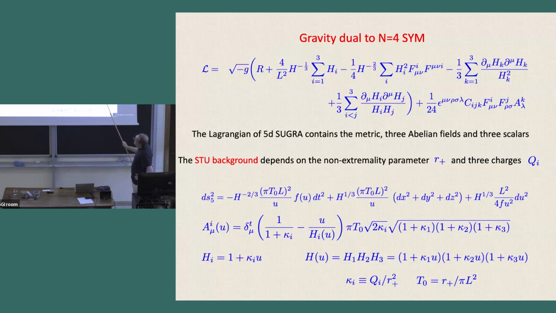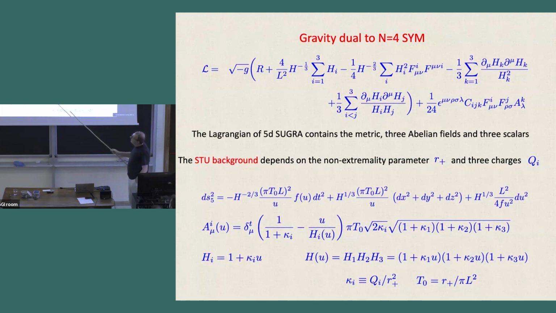Then there are 3 abelian fields, right? So we have 3 chemical potentials. So each chemical potential is encoded on the gravity side by the abelian U(1) field. And then there are also 3 scalars. And this will be important. What is also important is the appearance of this Chern-Simons type term in the Lagrangian, which will play some role, but not in this particular talk.